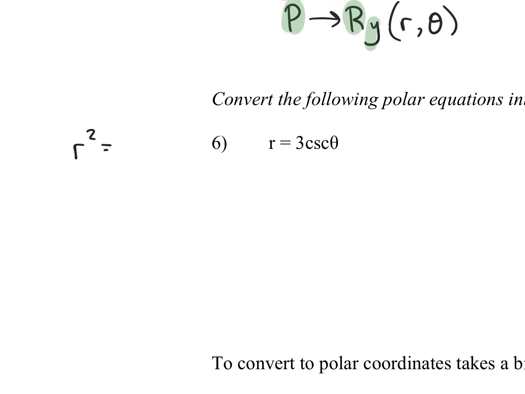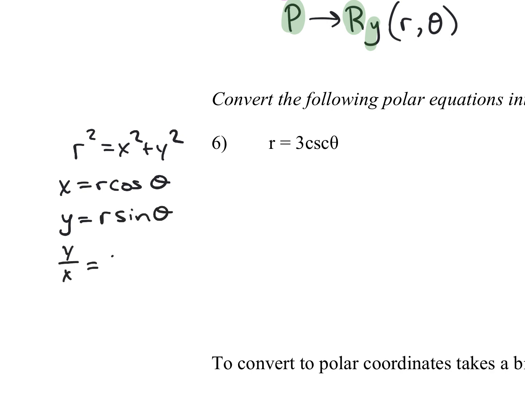We know that r squared equals x squared plus y squared. We know that x equals r cosine theta. We know that y is r sine theta, and we know that y over x is tangent theta. So our goal here is to rewrite this equation in terms of x and y instead of r and theta.